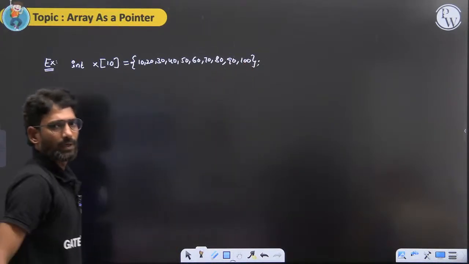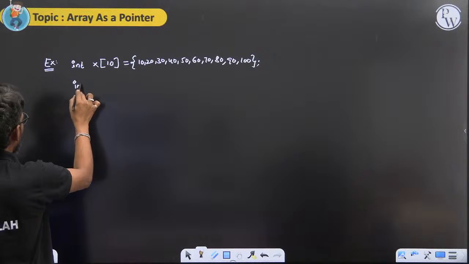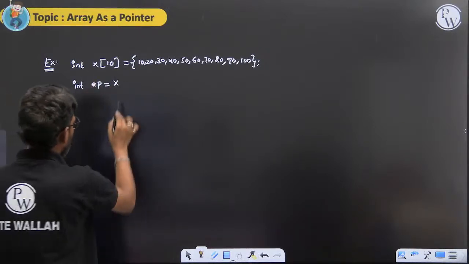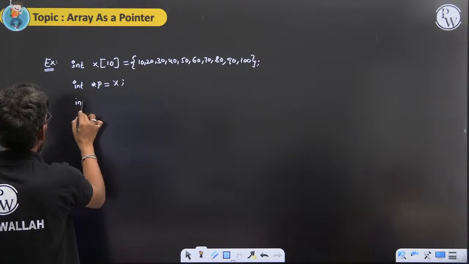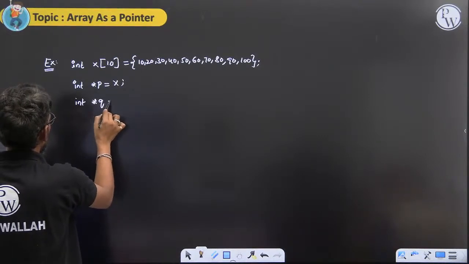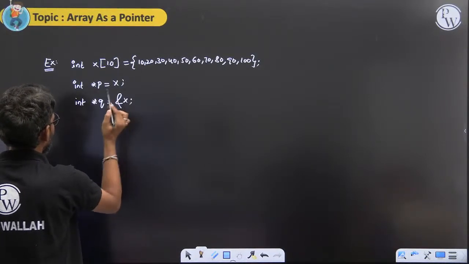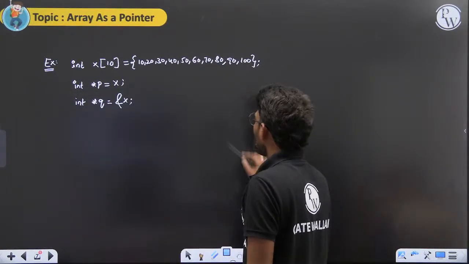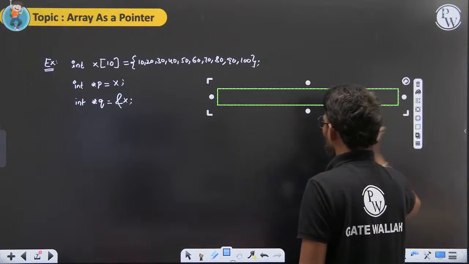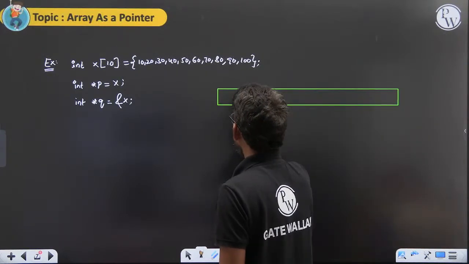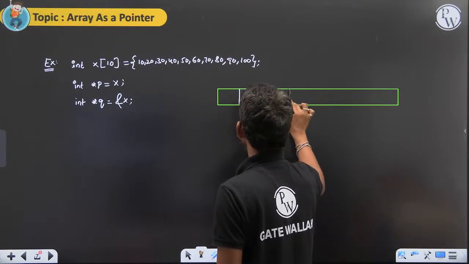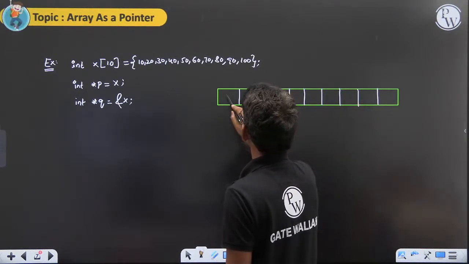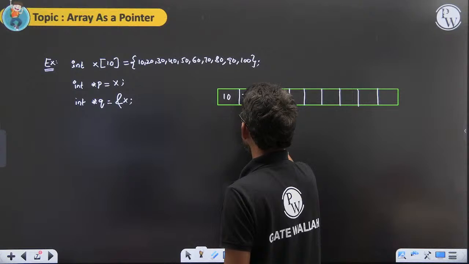And I am taking one pointer P, which is holding x. Another pointer Q, that is also pointing to x. So I am having an array of 10 in size with these values.